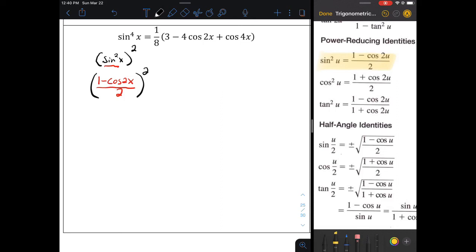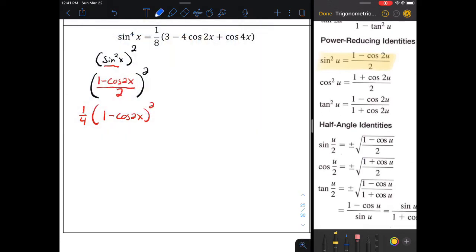What I can do is use some algebra manipulation. I can pull out the denominator of 2, but when I do it, I've got to square it, so that makes 1/4 times 1 minus cosine of 2x, still being squared, and then FOIL out that second fraction.